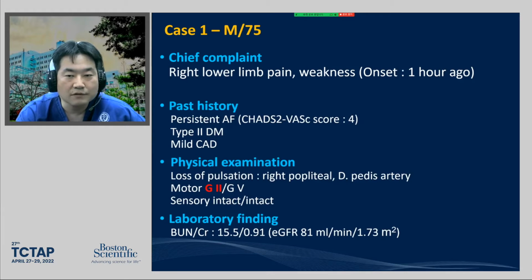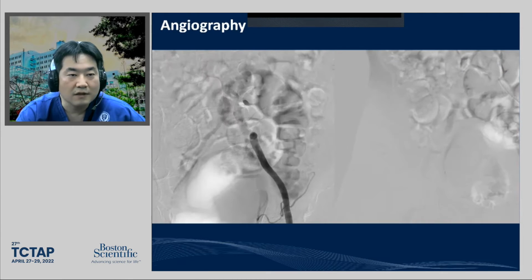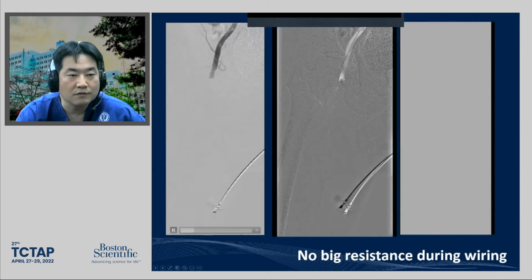Angiography shows the left external iliac had some stenosis, and on the right side the flow was very limited from the common femoral artery. And the selective angiogram shows thrombotic occlusion of the common femoral artery.